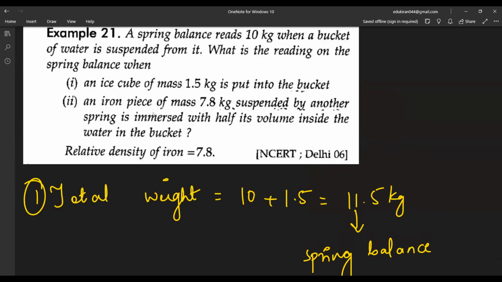The second part says that an iron piece of mass 7.8 kg suspended by another spring is immersed with half its volume inside the water in the bucket.